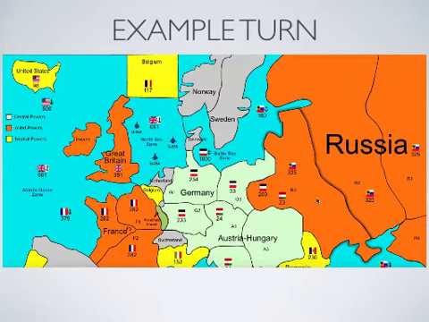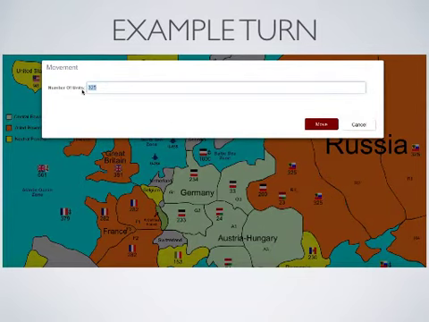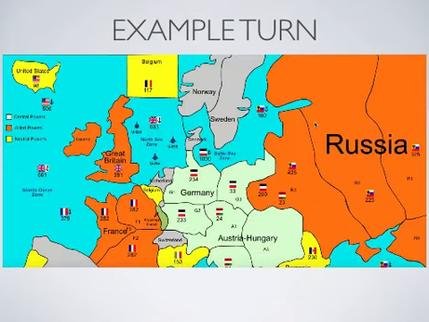So Russia has a chance to try to reinforce from any territory that they have that is adjacent to R3. So they've got 325. So let's say they're going to move in 100 of those. So now that'll stack and keeps the board clean.